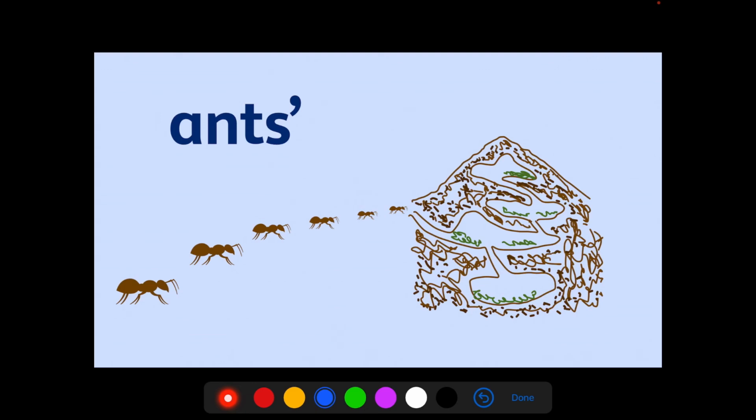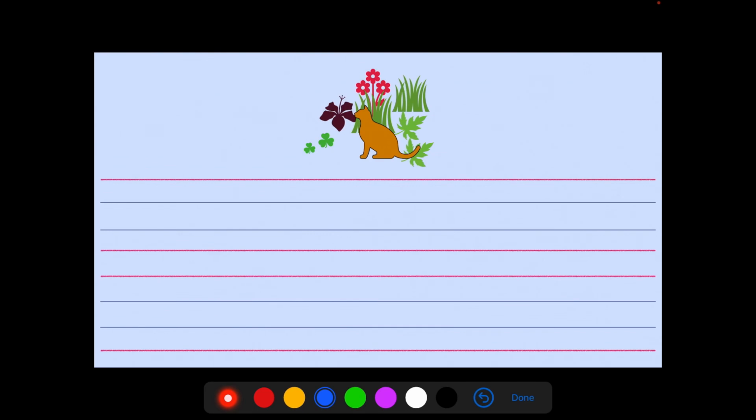If we are writing about something that belongs to a group that is more than one, we add suffix S and we put the apostrophe after it. We're going to be practicing that a lot more. But for now, here's our sentence, and we're going back to adding an apostrophe and then an S because the name doesn't end in S.